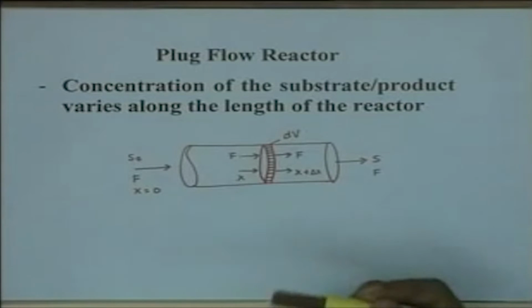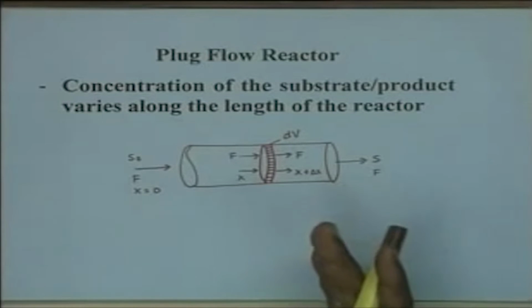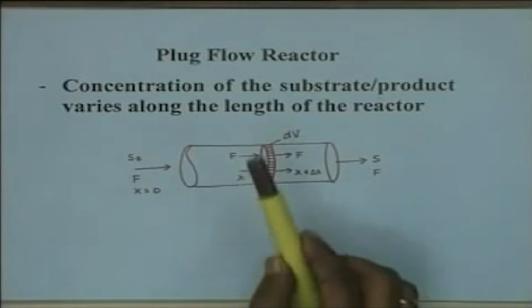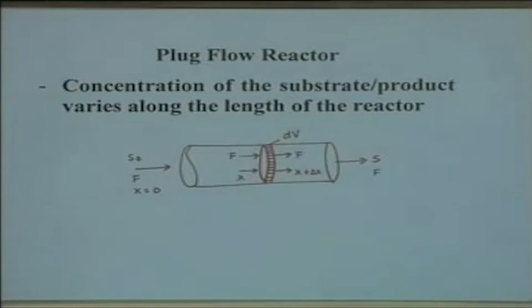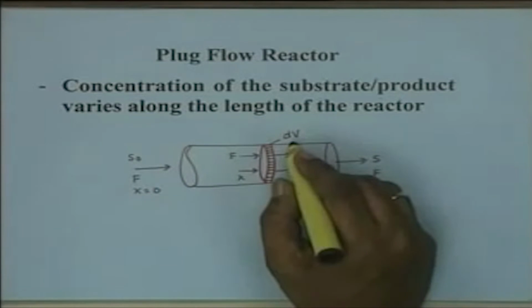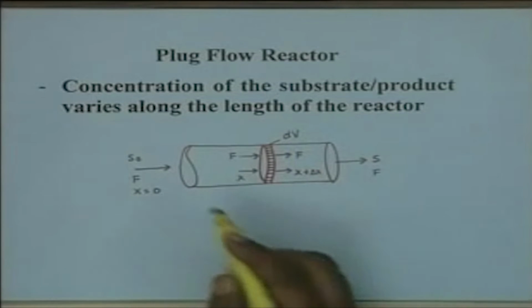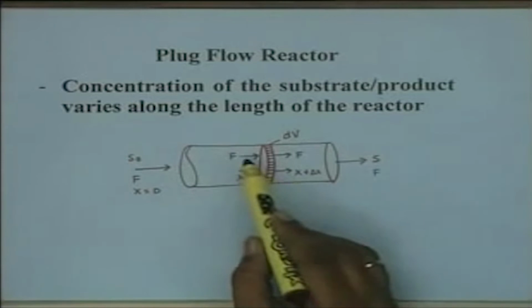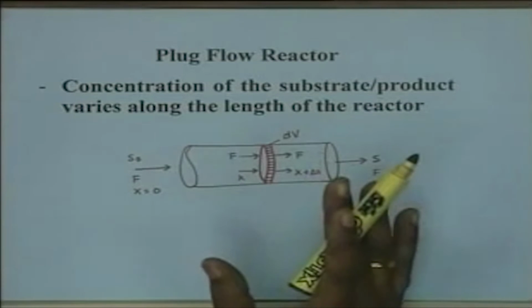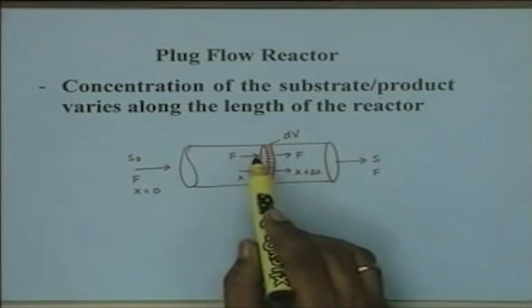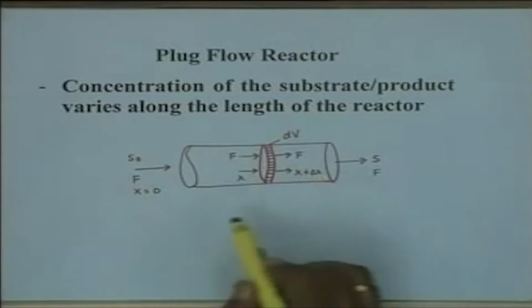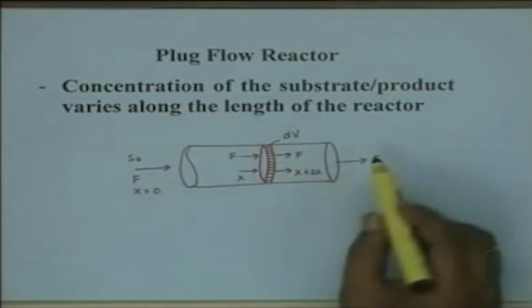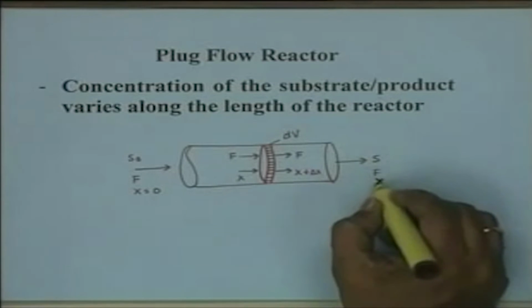But again, to arrive at the reactor performance, what we can do is make a material balance across a differential element of the plug flow reactor, and if you consider a differential element of volume dV, you can make a material balance under the same conditions, like the feed flow rate as F, the conversion changes from x to x plus delta x, at the inlet x is equal to 0, at the outlet x is of course some value.